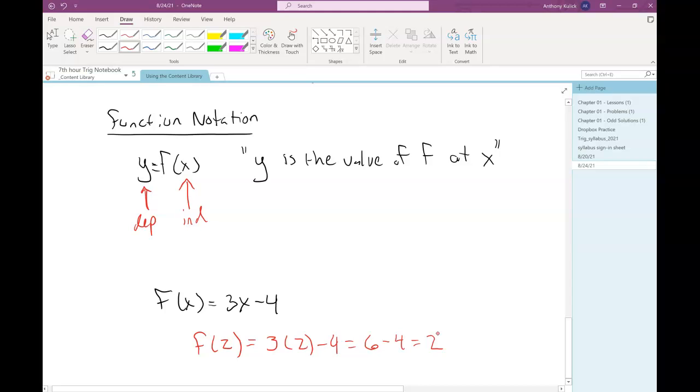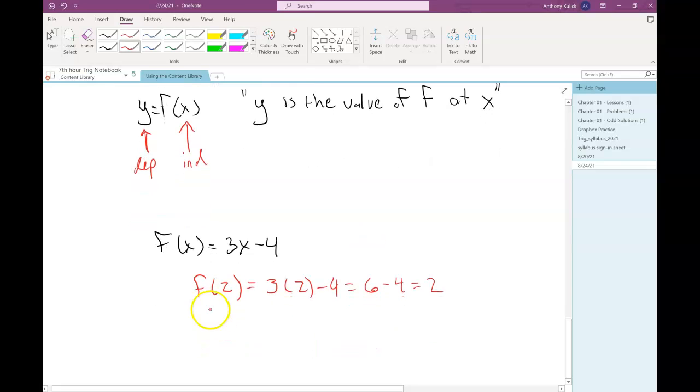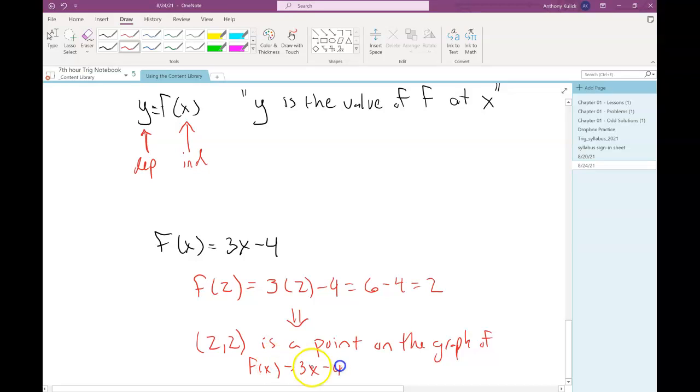So when I evaluate that, when I plug the 2 into my function, I get 2 again. And what this says is that (2, 2) is a point on the graph of f of x equals 3x minus 4. Everybody kind of remember doing that?